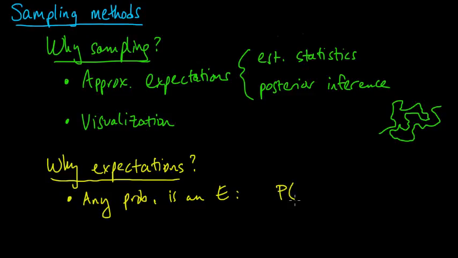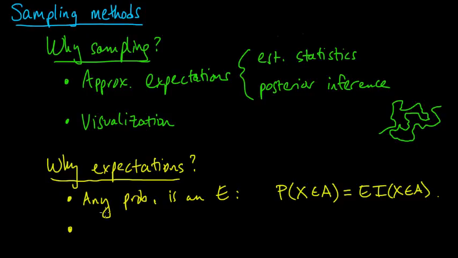If we have the probability that some random variable x is in a set A, we can write it as the expected value of the indicator function that x is in that set. So you can always take a probability and write it as the expected value of an indicator function. Therefore, anytime you want to estimate or approximate a probability, you can formulate it this way as approximating an expectation.